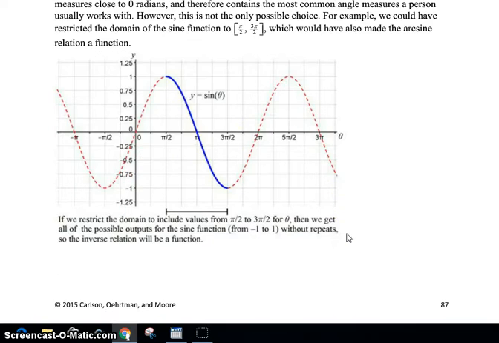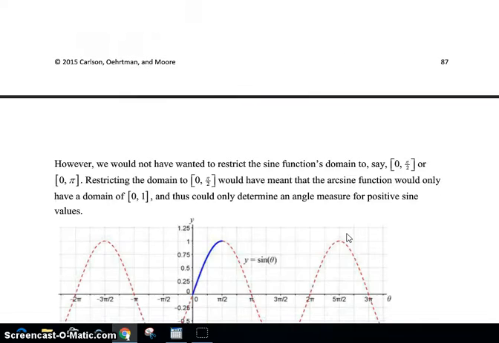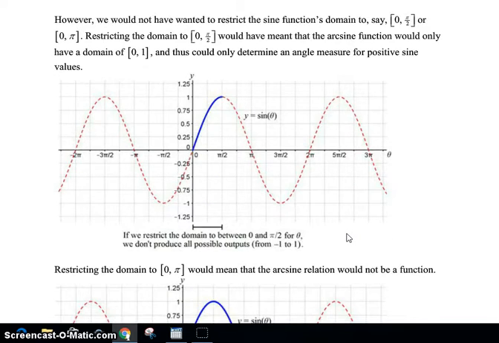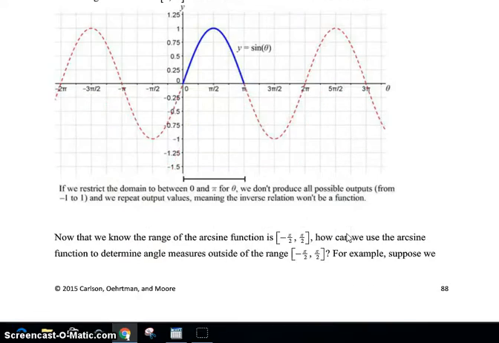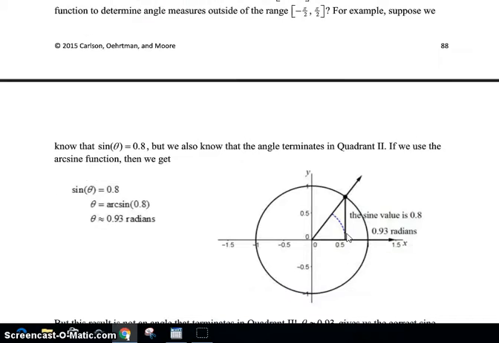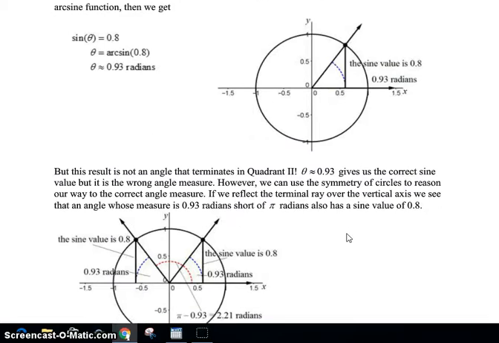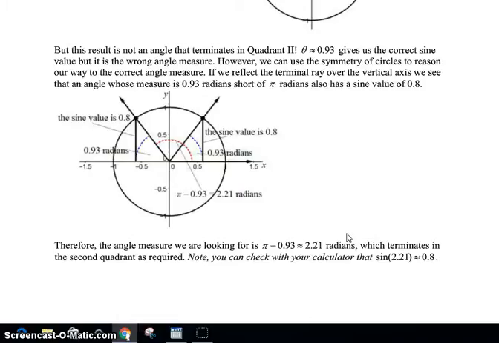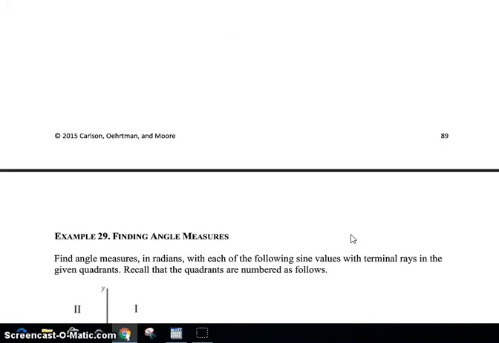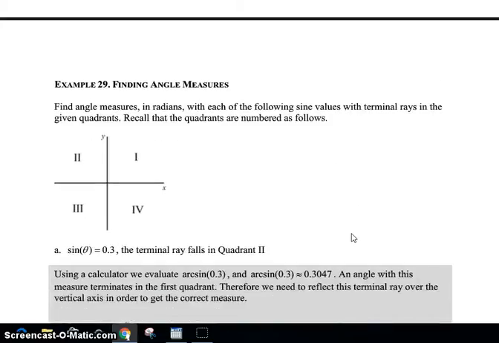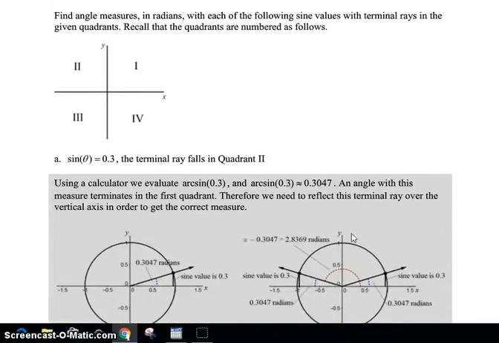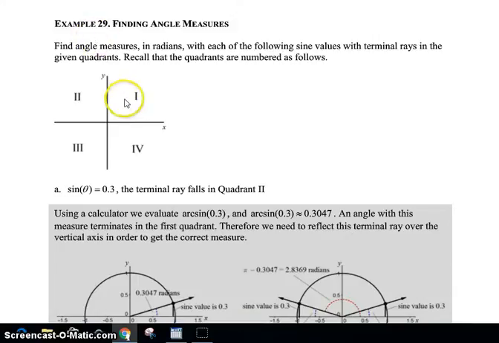And so she'll talk more about the natural domain of sine and how to find solutions to equations that lie on that interval. Okay, so I wanted to prompt everybody to be looking through this wonderful book, how they have these lovely illustrations that I can't even come close to drawing. I see in example 29, the publisher has labeled these quadrants.